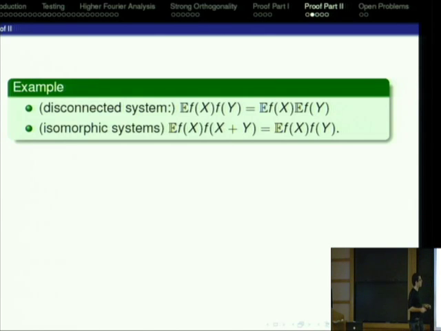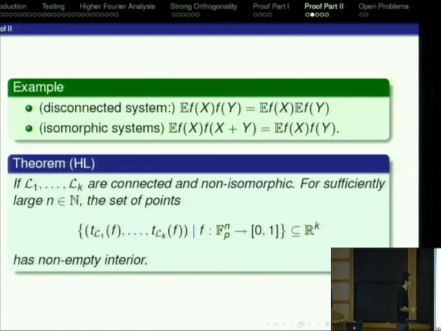And the second is that you can have isomorphic systems of linear forms. The only important thing is the linear structure in the linear form. So you can state them differently. For example, if you look at this expected value, x and x plus y, it's the same as the expected value of x and y.